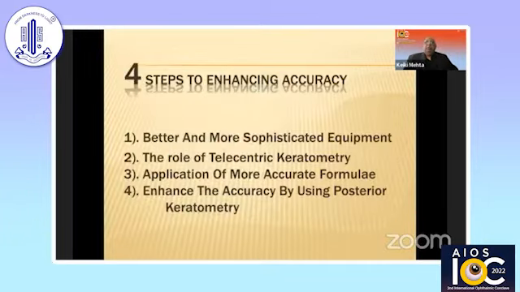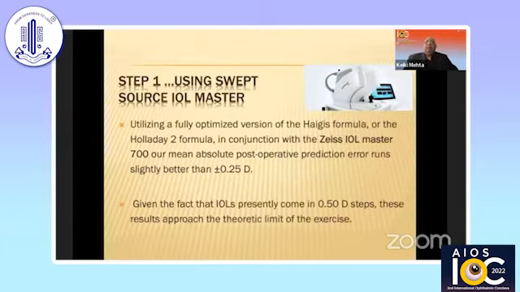So first and most important, of course, are the two essential things we need to consider, which we somehow seem to leave out: the role of what we call telecentric keratometry, a more accurate formula, and, fortunately Damien has spoken a little before me, enhancing the accuracy by using posterior keratometry.